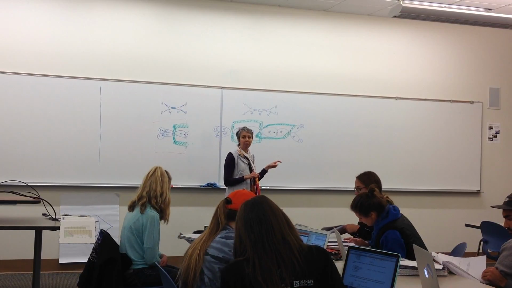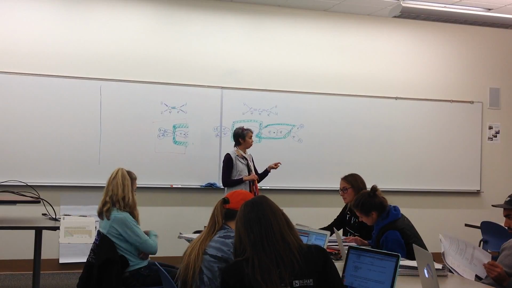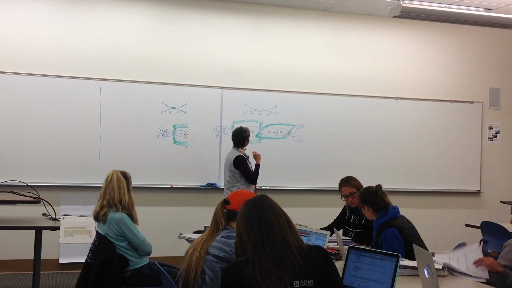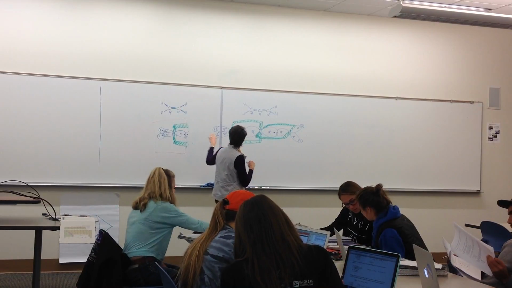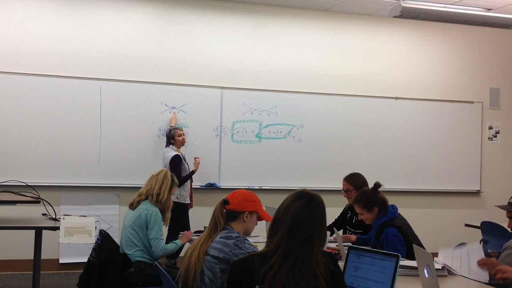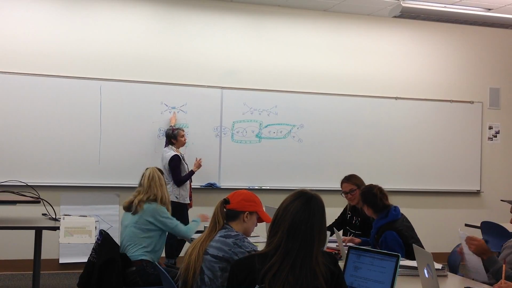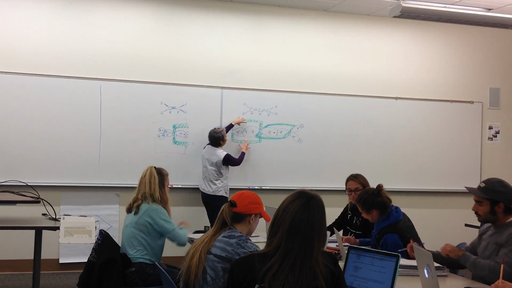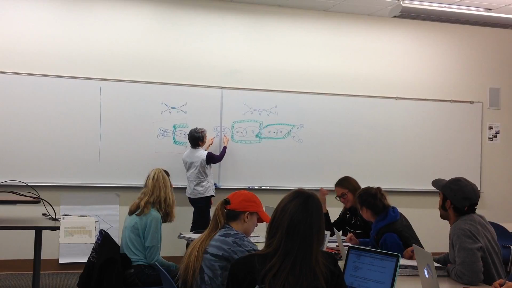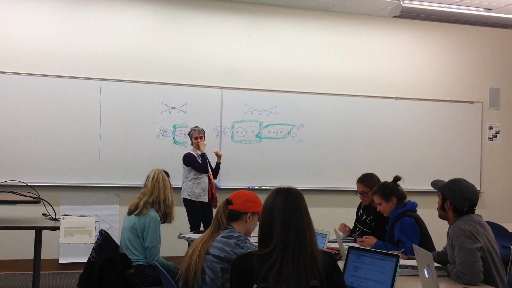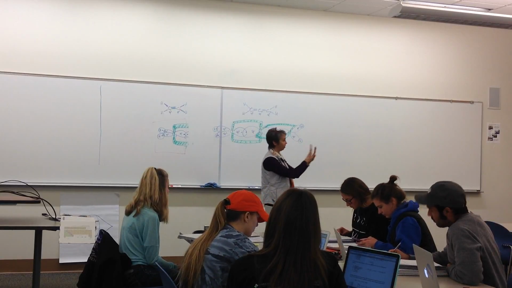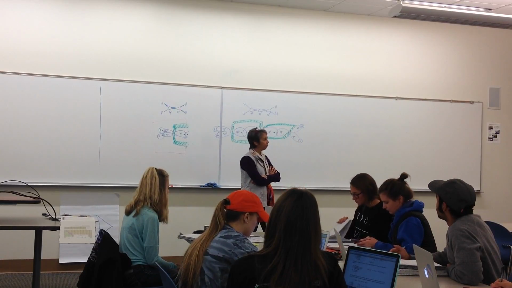You always have a pi bond on top of a sigma bond, or 2 pi bonds on top of a sigma bond. And so this is why breaking a double bond is harder to do than breaking a single bond. Because to break a double bond, you have to break this overlap and this overlap. Whereas a single bond, it's just two orbitals overlapping, it's much easier. Does that help at all? Or, I mean, does that paint the picture? I think so, it's a little bit.